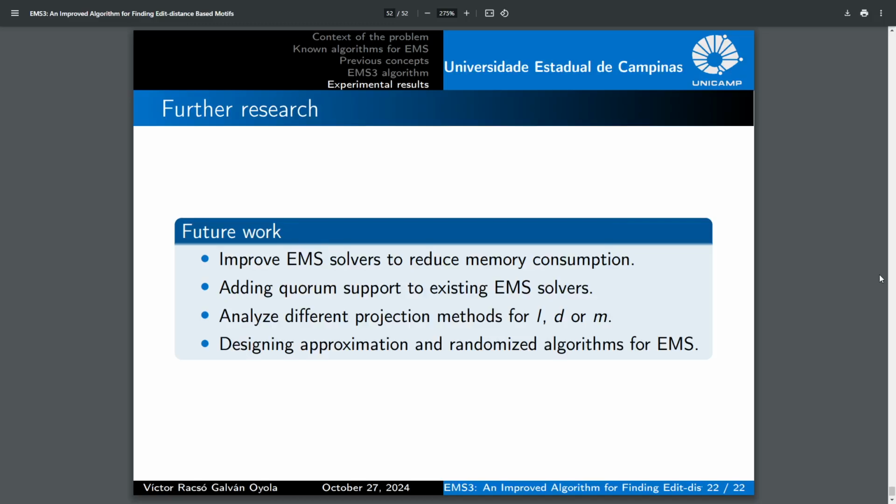We have seen projection method for N and for sigma. In this case, we might as well want to have some projection method for L, D, or M. And finally, designing approximation and randomized algorithms for the EMS, which have been being developed from 1992. I think that's all.